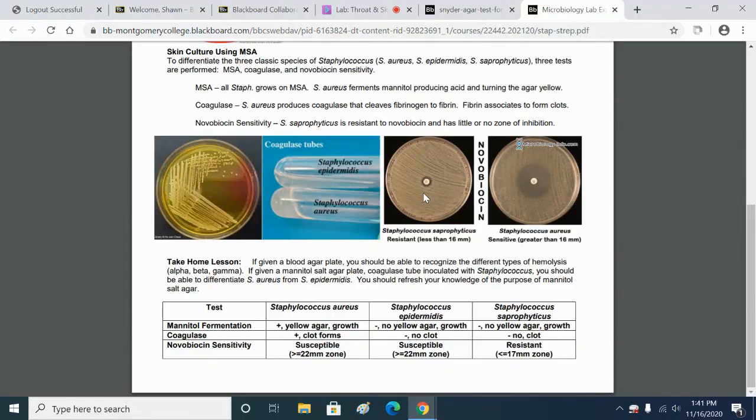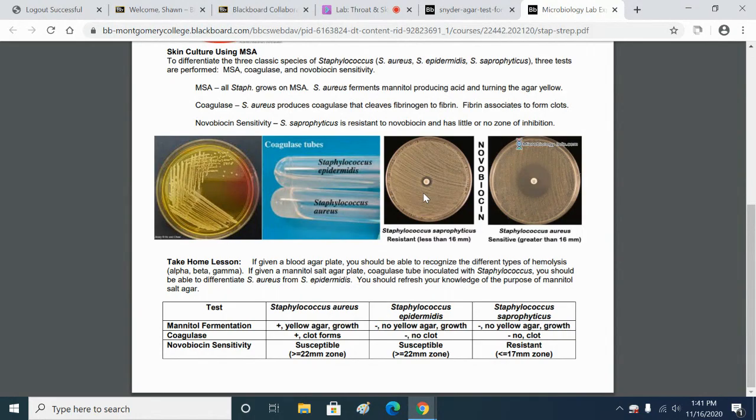A change. What do we call a change? A mutation? Mutation, right? So you could have a mutant. So maybe you have a mutated Staph aureus. It can no longer ferment mannitol, but it still makes a clot. It's still susceptible to novobiocin.